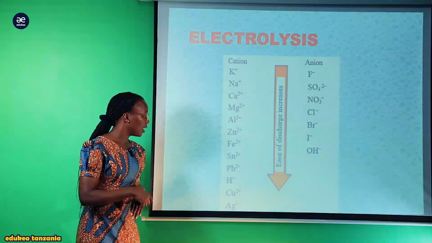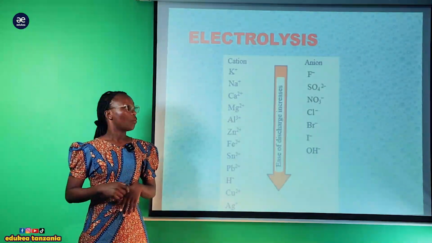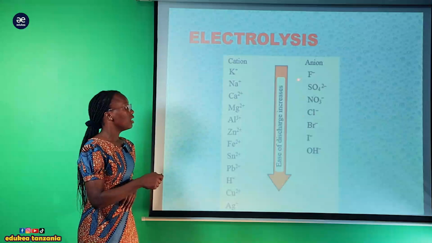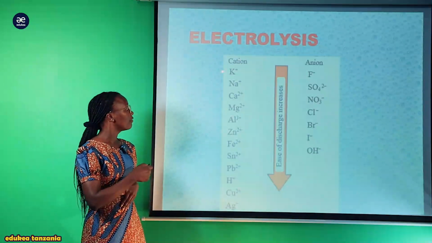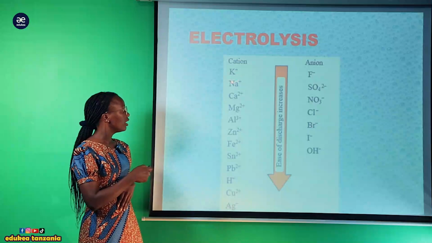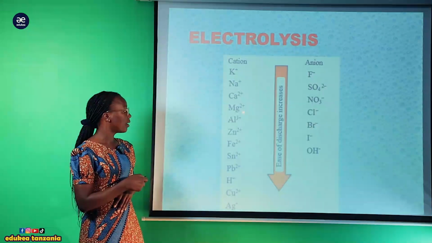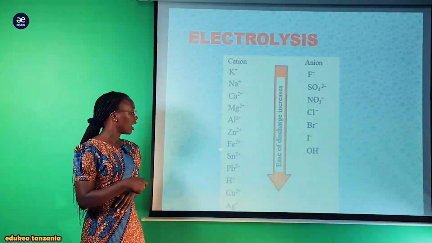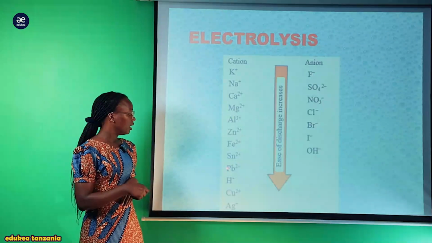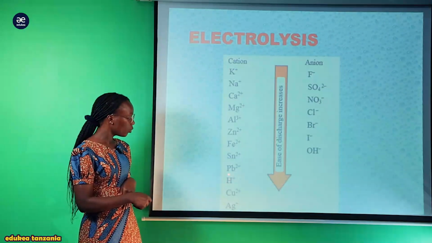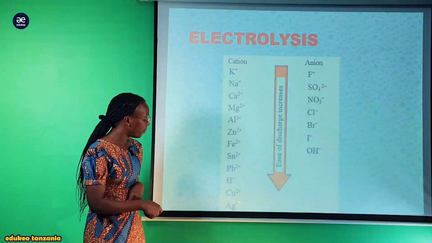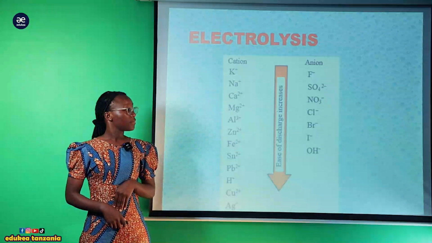This is our electrochemical series whereby we have the cation part and we have an anion part. Cations are all positive, where we have potassium, sodium, calcium, magnesium, aluminium, zinc, iron, tin, lead, ambayo hizi ni Latin names zake. We have hydrogen, we have copper and silver.